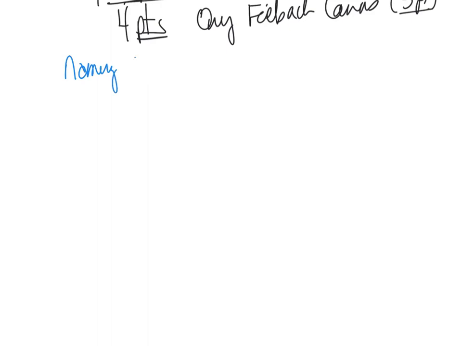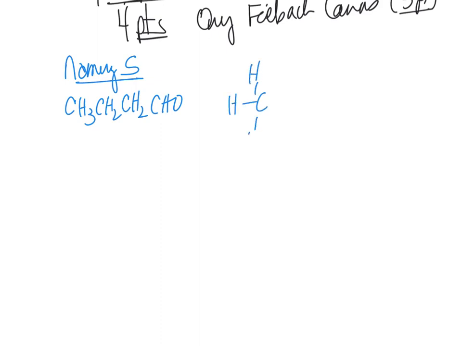You're going to get about 5 naming questions. To review some naming, I chose a few examples. So let's look at this. If you have a structure like this, CH3, CH2, CH2, CHO, that's a condensed structure, and you need to be able to convert it into a Lewis structure.